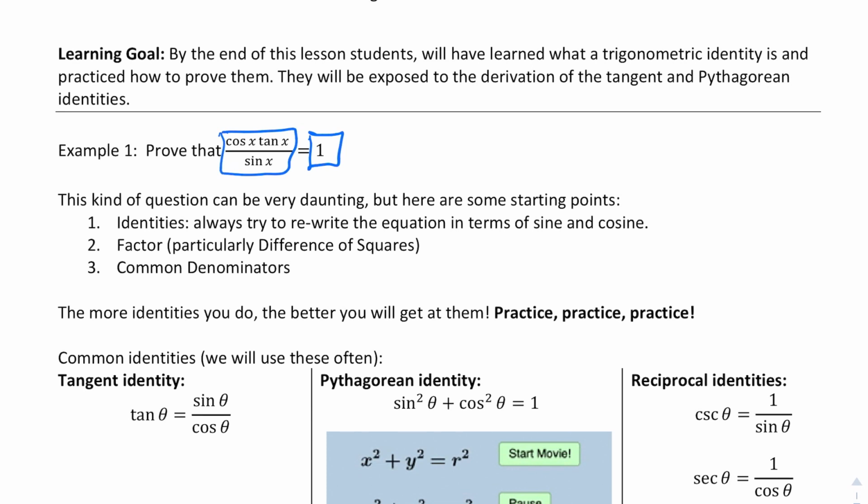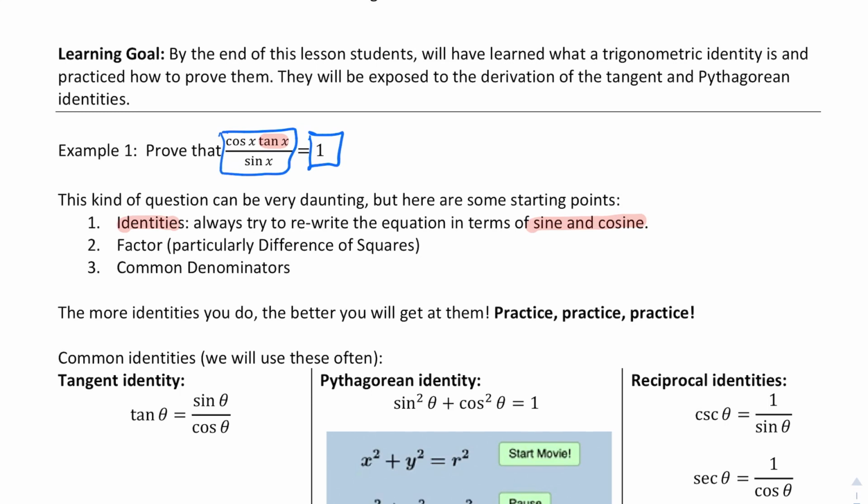So in order to do that, we need tools in our toolbox that can help us prove those things. There are some general steps to follow. Basically, with proofs with trig identities, we're always trying to rewrite the equation so that it's in terms of sine and cosine. So for example, I want to get rid of this tan x.